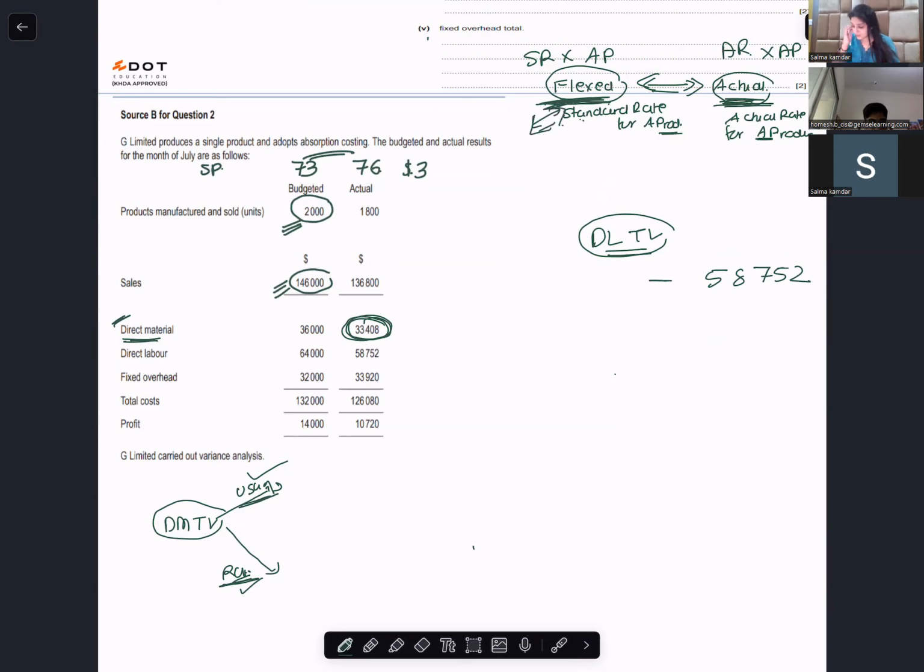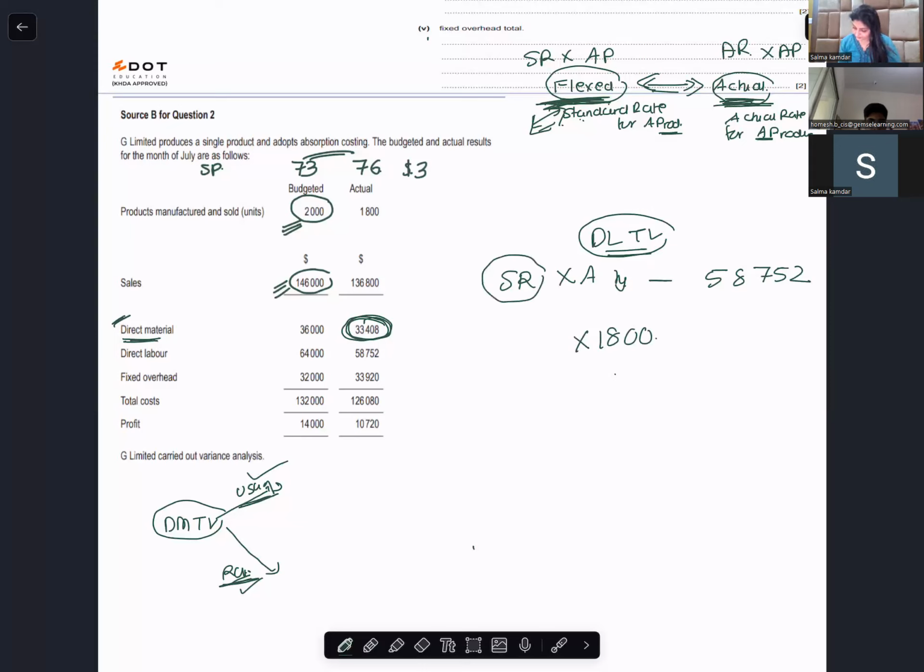Now you want the labor as per flexed. For labor as per flex, what will you multiply? Standard rate into actual quantity. Actual quantity is 1,800. How about the standard rate?